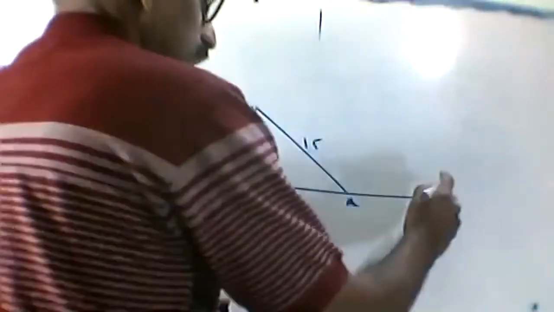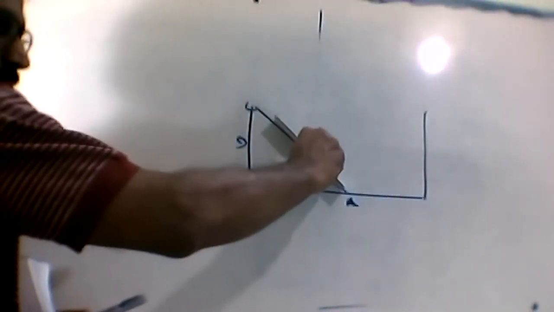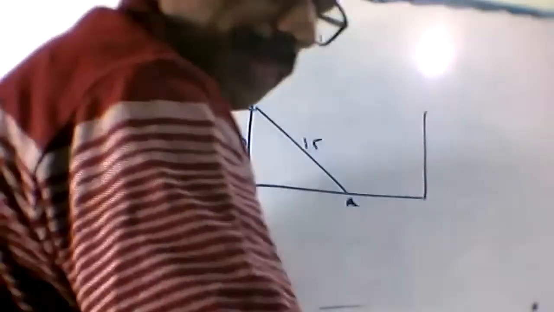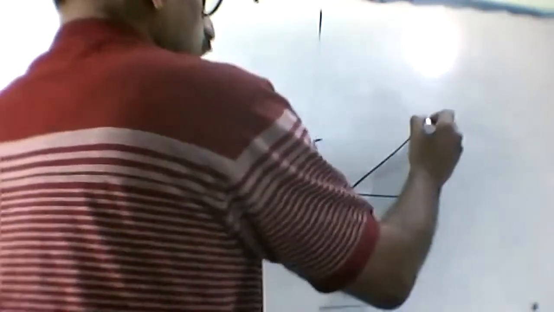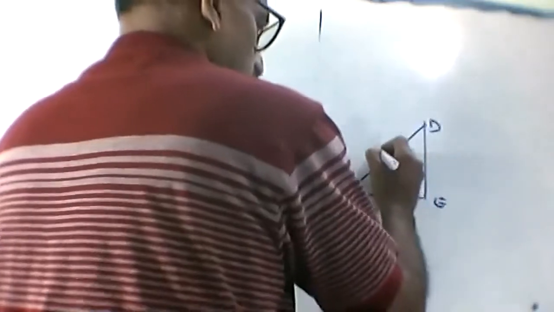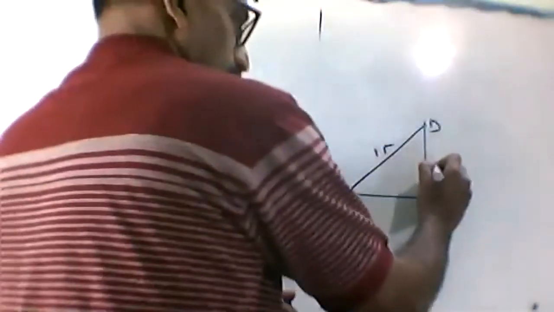Another street here. This ladder, first keep it like this. One ladder. Then turn here. A, B, C, D, E. This also 15 meter, but here height is 12 meter.